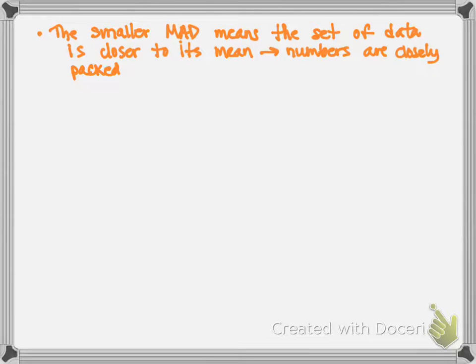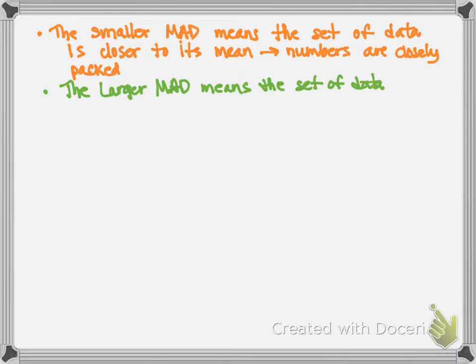Okay, and then the larger MAD, mean absolute deviation, means the set of data is farther away from the mean.